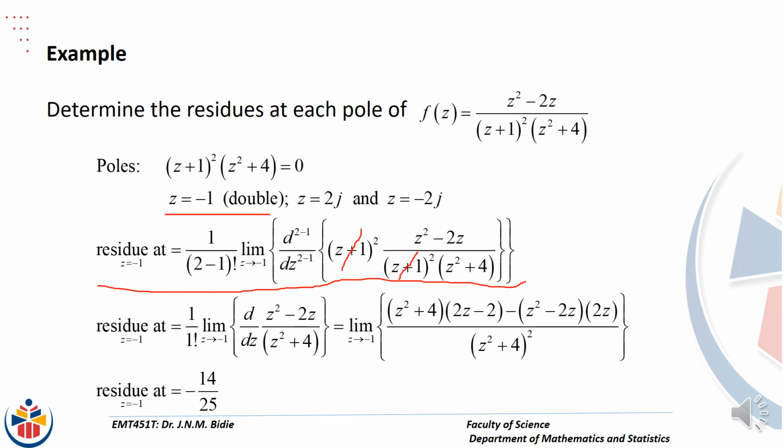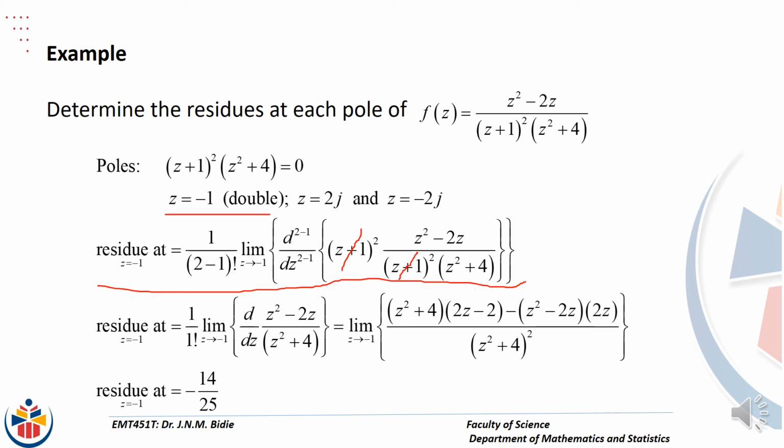For a quotient rule, we always take the denominator first and then differentiate the numerator, which gave us 2z minus 2, minus the numerator times the derivative of the denominator, and then divided by the denominator squared.